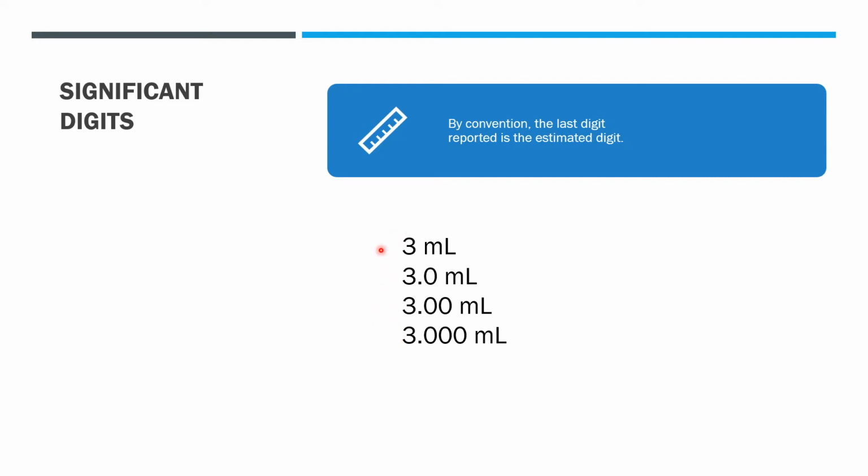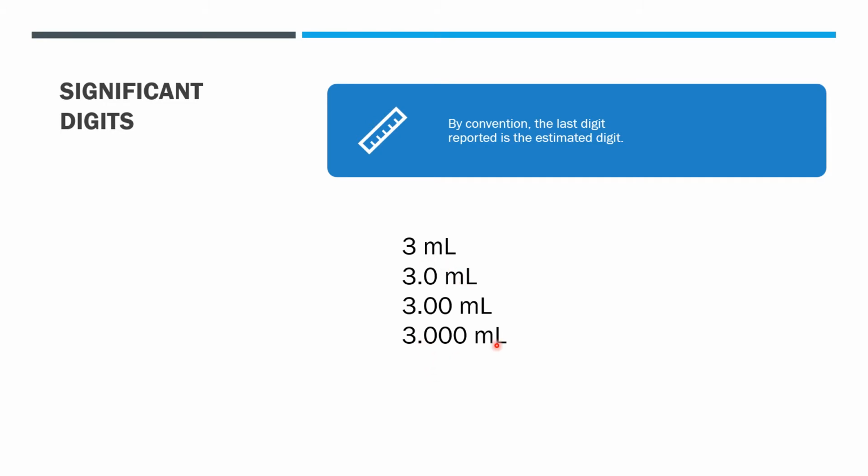Now mathematically, they would be equal. 3.000 is the same thing as 3, but in science, they're not the same. When I write it down as 3 milliliters, I'm telling you that I don't know it to any better than the nearest milliliter. This might be 2 milliliters, it might be 4 milliliters.